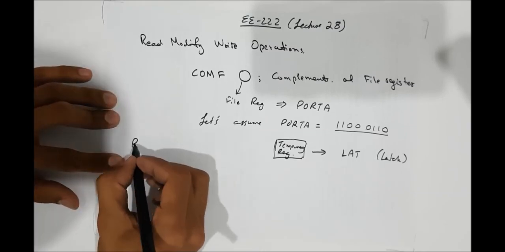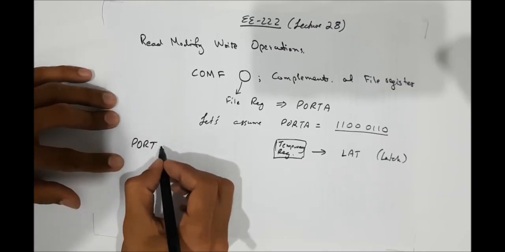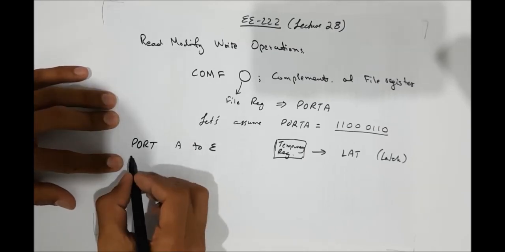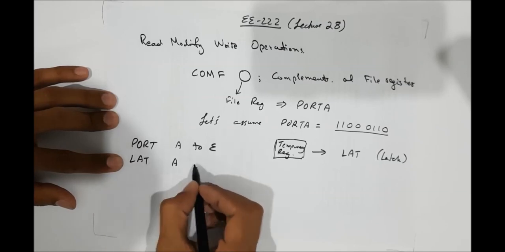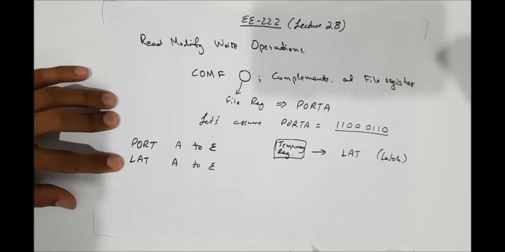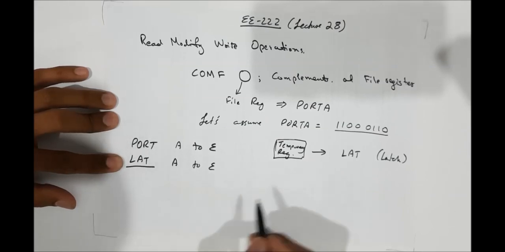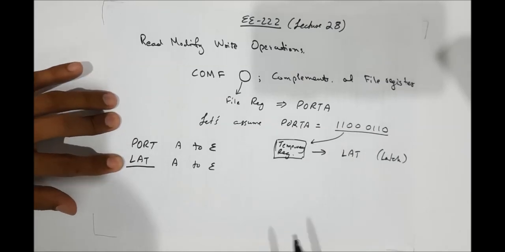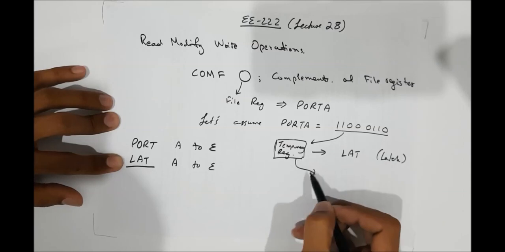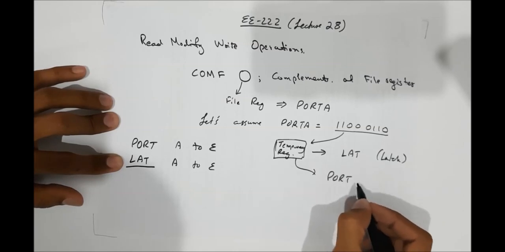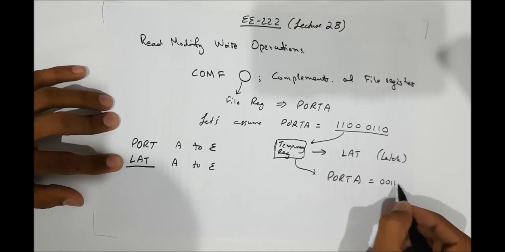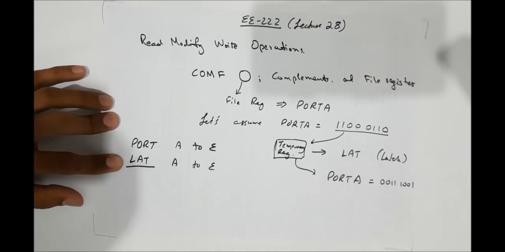We have ports A through E in our PIC18 microcontroller. So this means we have LAT A to E also in our PIC18 microcontroller. The purpose of this LAT is to store the temporary data, then modify it and then write it back to port. So now port A will be 0011 1001.